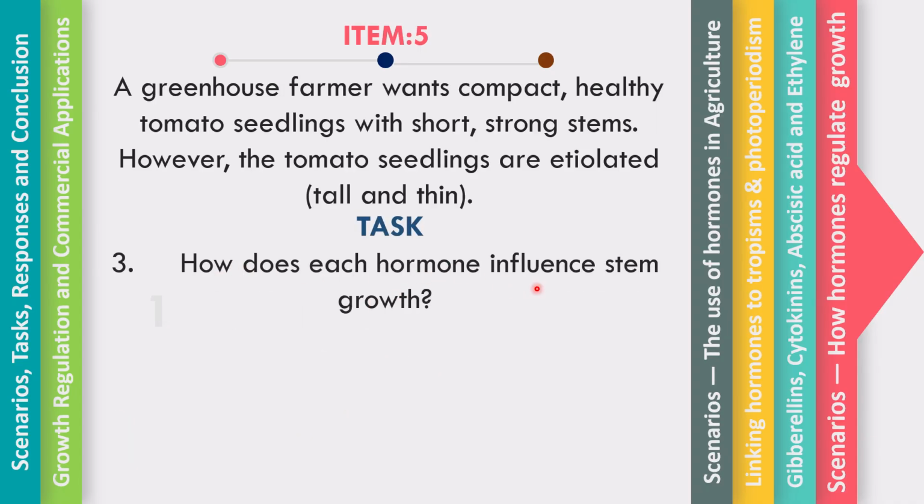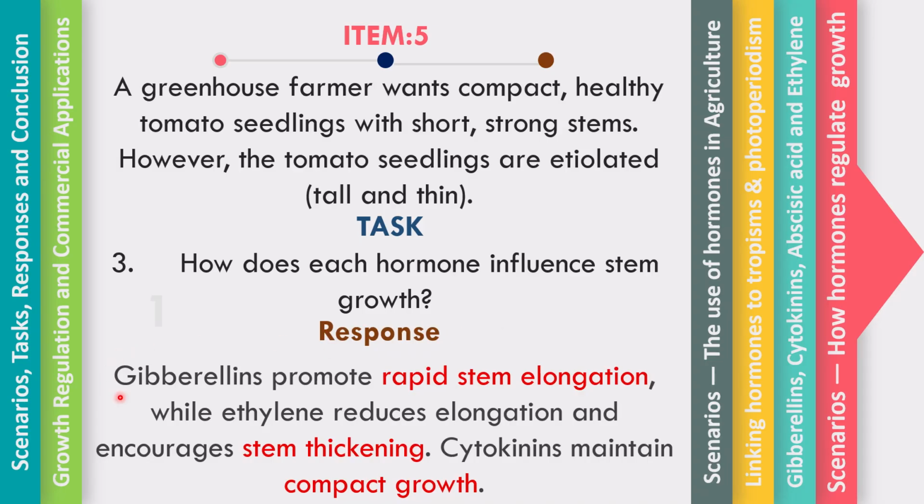How does each hormone influence stem growth? Gibberellins promote rapid stem elongation, while ethylene reduces elongation and encourages stem thickening. Cytokinins maintain compact growth.